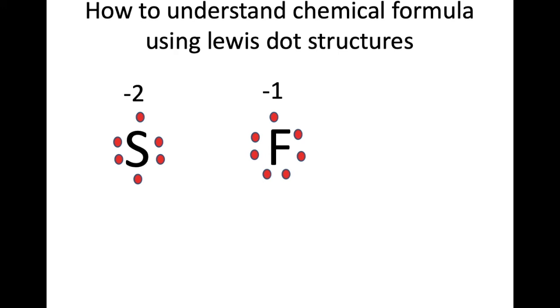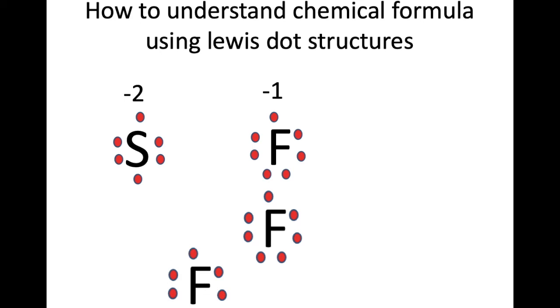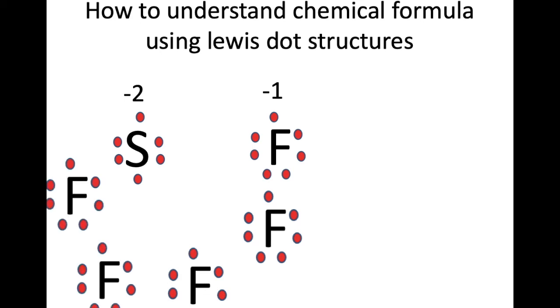Sulfur can give 1 electron to one of the fluorines, but it's going to need another to give its second electron to, then its third electron, its fourth, its fifth, and its sixth. Once there are 6 fluorines to bond with, sulfur will be able to give away each one of those. So one of those electrons is going to go to the first fluorine.